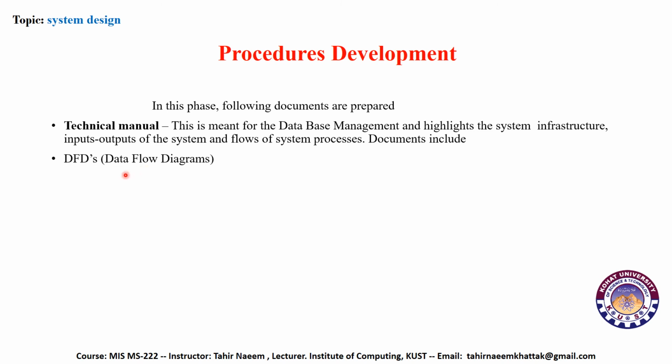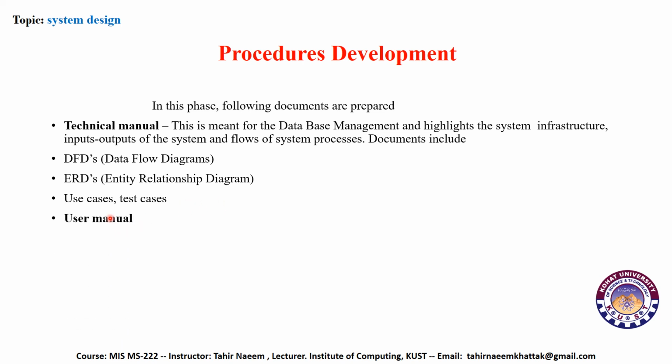This includes DFDs or data flow diagrams, as we have discussed in a previous slide, ERD or entity relationship diagrams, which we have explained in the previous slides, use cases and test cases. So test cases will show how it will function.